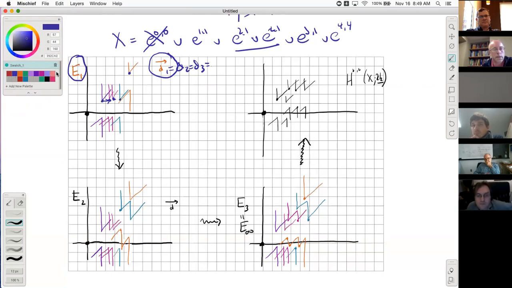The one that isn't is this one. When I go to singular cohomology, all this stuff in the negative cone just disappears, and I don't see it. And so there's a possibility for a differential there.